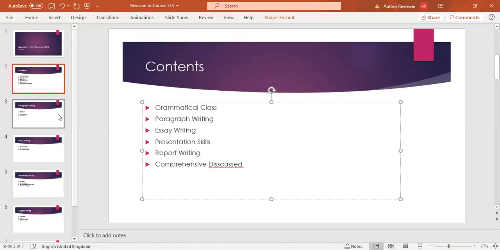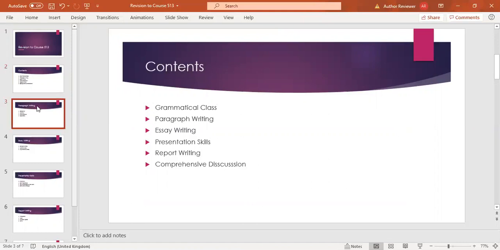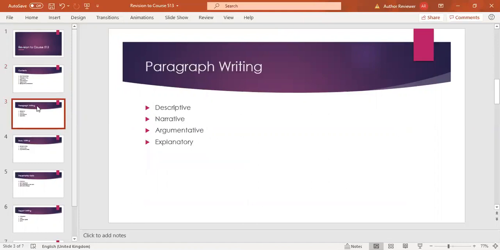The major topic of the session was paragraph writing. Then we discussed essay writing, presentation skills, report writing, and a comprehensive discussion on each and every topic together with the feedback and assignments.